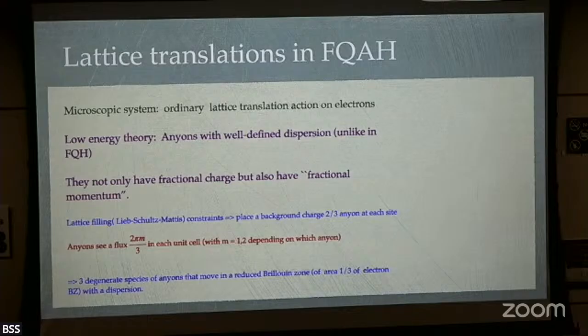lattice translation symmetry. Now, the fractional quantum Hall state solves this problem very elegantly because in the fractional quantum Hall state, you have excitations with fractional charge. So I have a 2/3 charged anyon, and I can just place that in each unit cell. That's a construction of a ground state which is completely translation invariant.